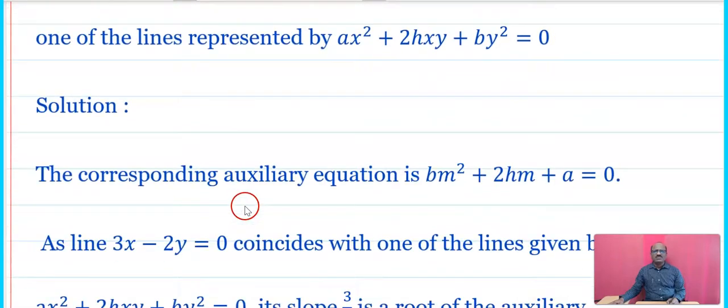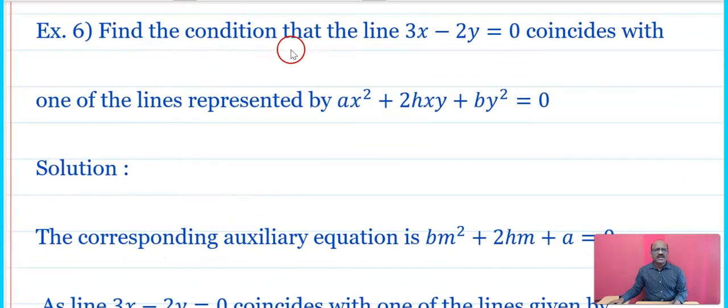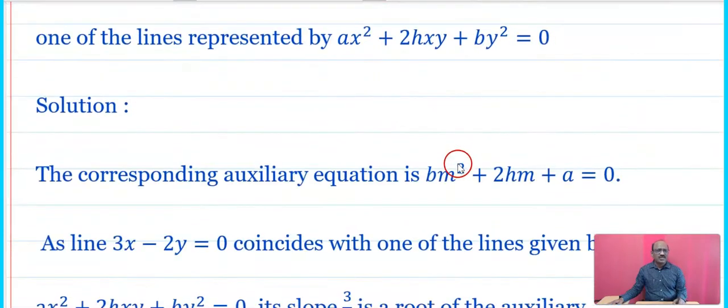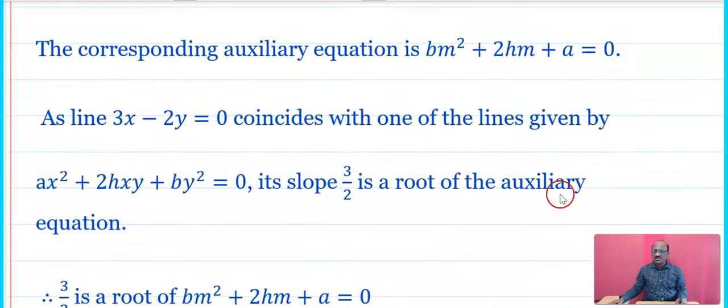Okay. Now next, find the condition that the line 3x minus 2y is equal to 0 coincides with one of the lines represented by ax square plus 2hxy plus by square is equal to 0. It coincides with one of the lines. The corresponding auxiliary equation is bm square plus 2hm plus a is equal to 0.